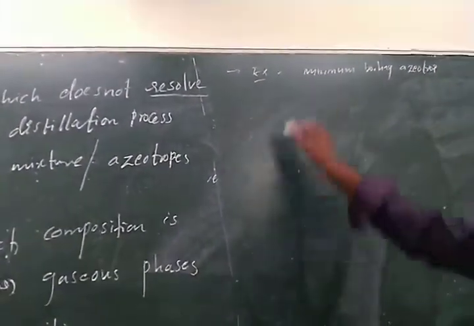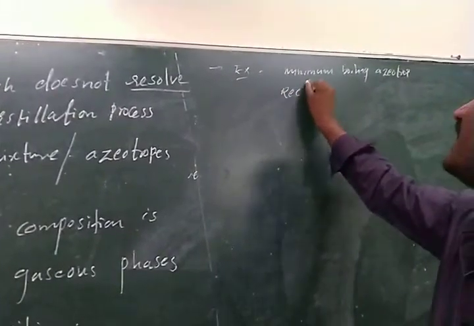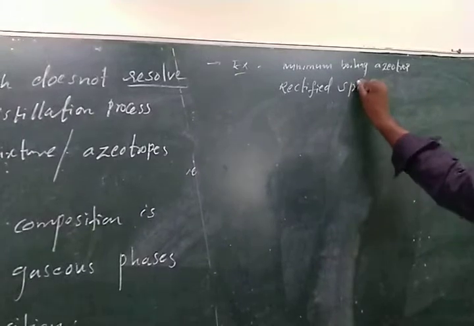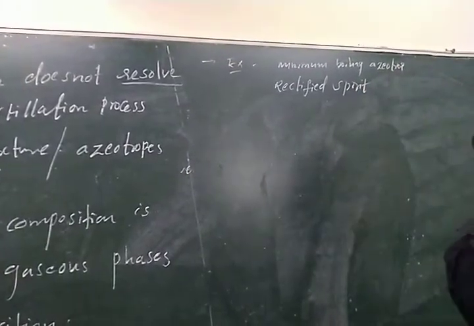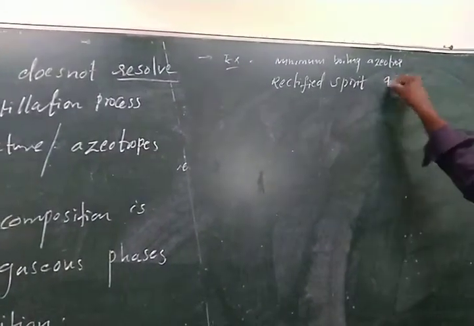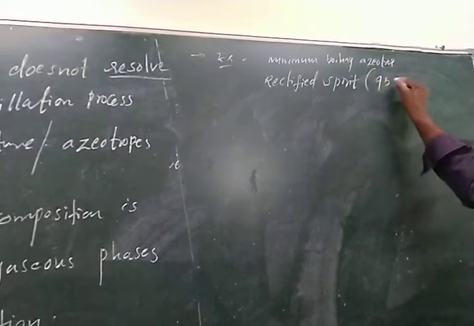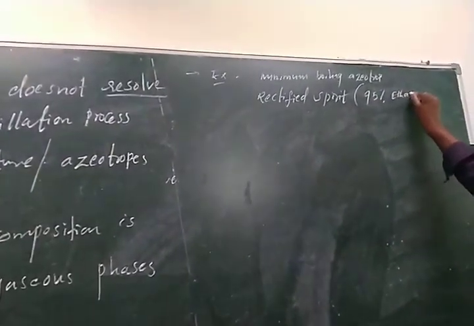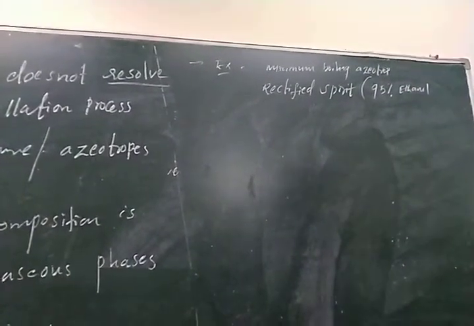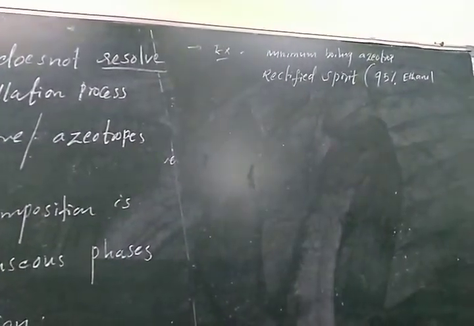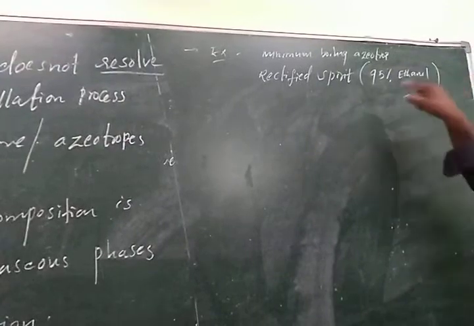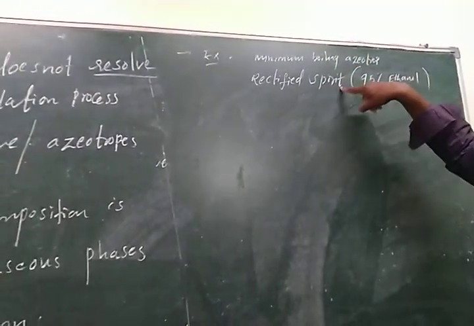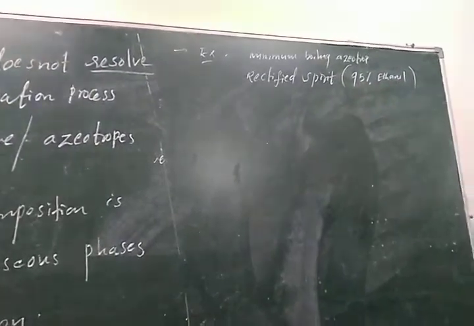The rectified spirit: in the rectified spirit, if you see the composition, 95% of ethanol is present and 5% of water is present. This is an example for a minimum boiling azeotrope.